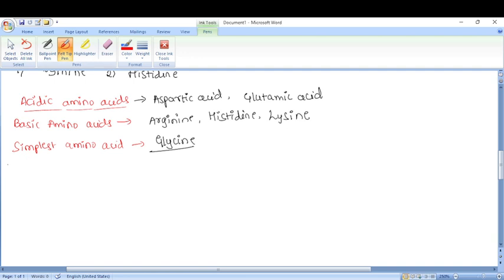Next one, 21st amino acid. Name of the 21st amino acid is selenocysteine.